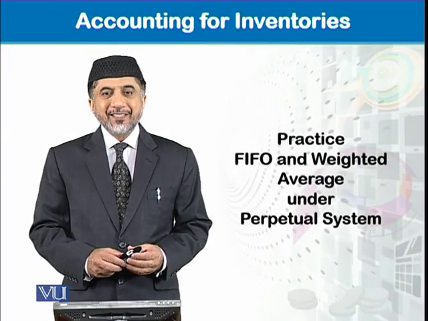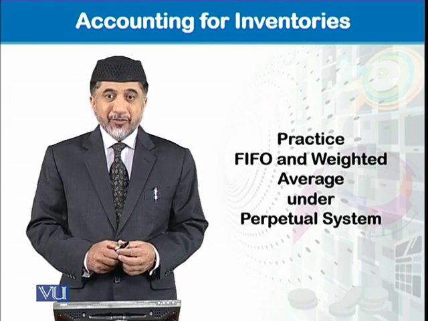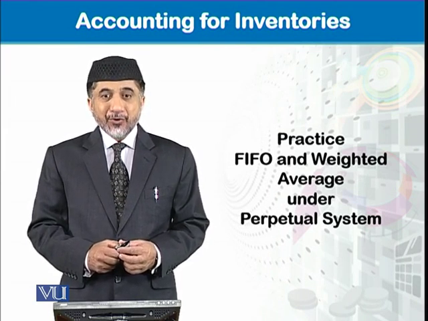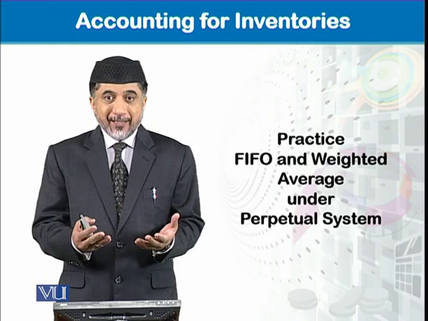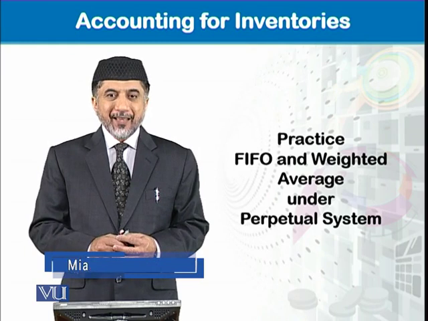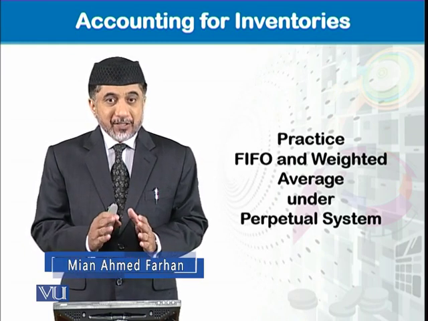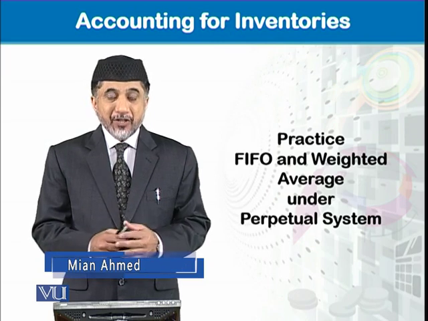Accounting for inventories. This module is about calculating cost of inventory under the FIFO, first in, first out method and the weighted average method using the perpetual system of accounting. In the earlier module, we already discussed the periodic system of maintaining inventories.